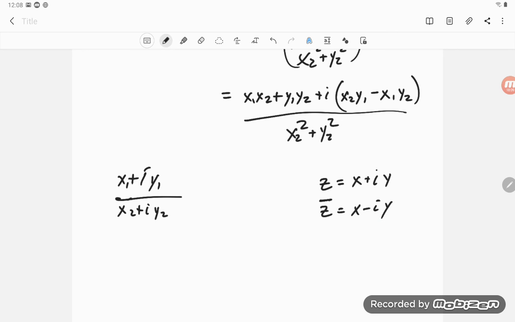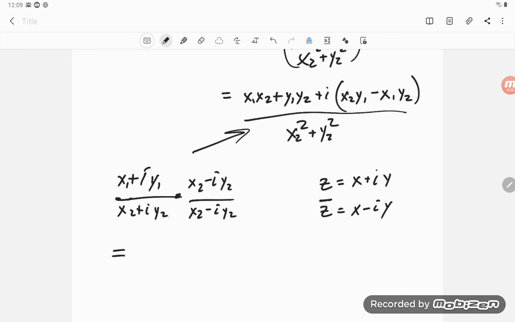So you just negate the imaginary stuff there, and so if I take then x2 minus iy2 over x2 minus iy2, you see that then I end up getting what I had there.